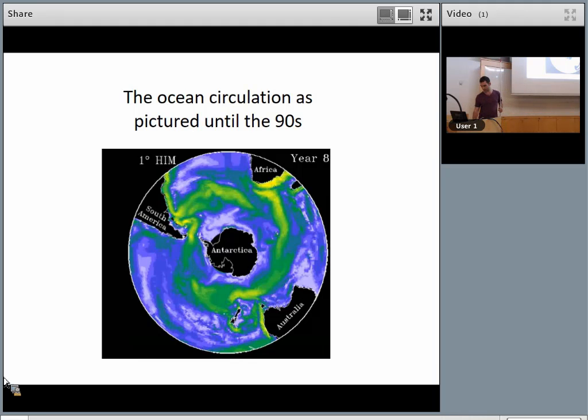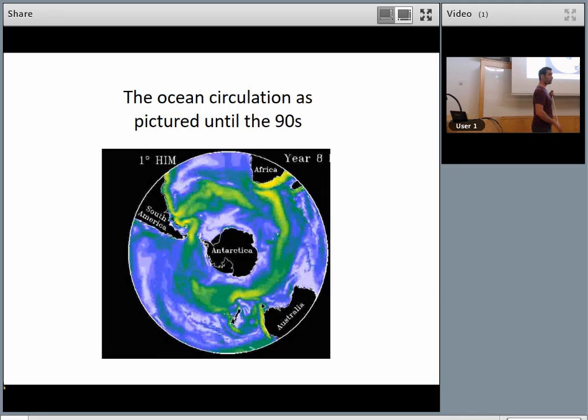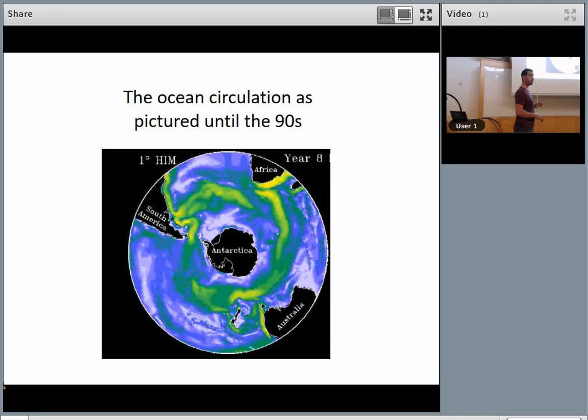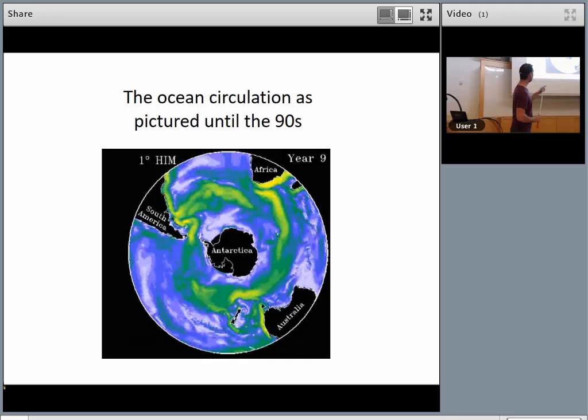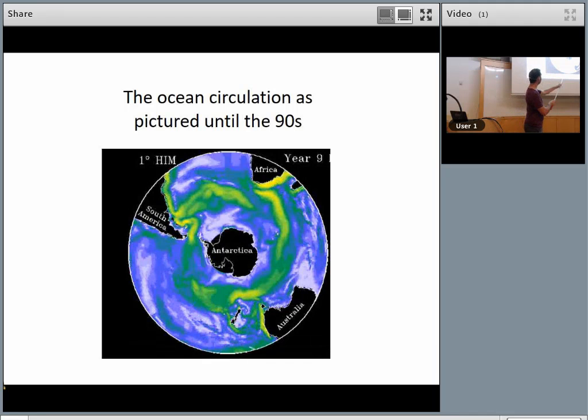So here you have an animation of the surface current in the ocean over the Southern Ocean. Here you have Antarctica. When you have yellowish colors, it means that you have larger surface speed, typically 50 centimeters per second here.